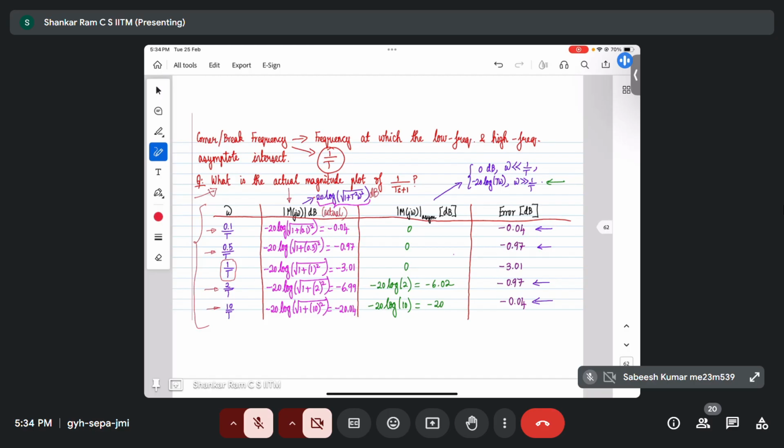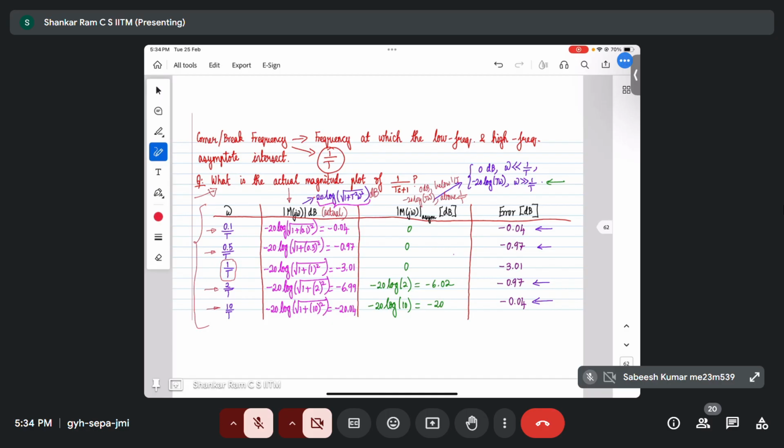That is the actual magnitude of the block. What is the asymptotic value? It is 0 decibels below 1 by T, and minus 20 log of omega T above 1 by T. At 1 by T, it is 0.